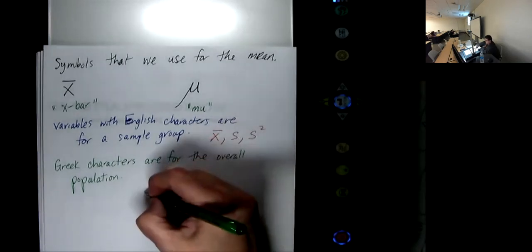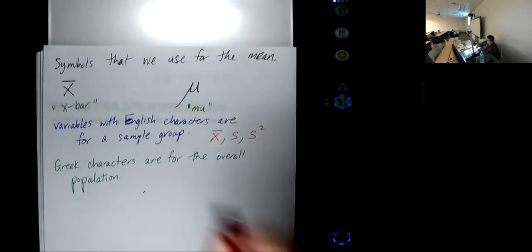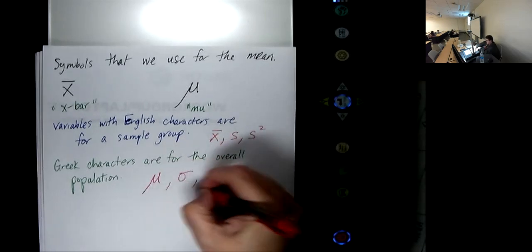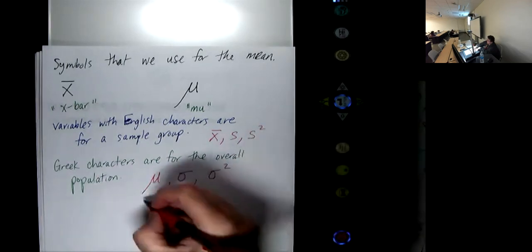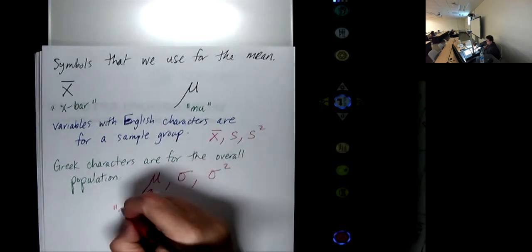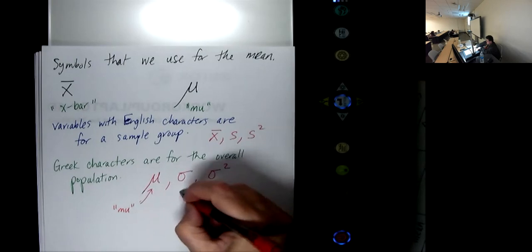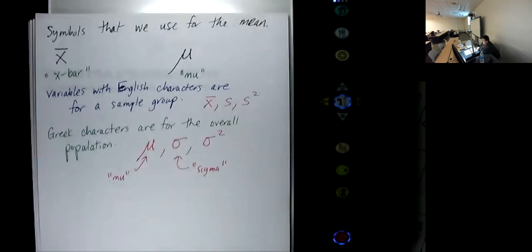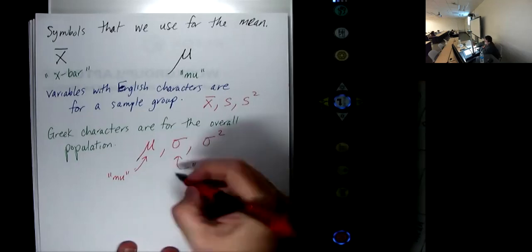So here we have mu and sigma squared. So mu and sigma. And these are the lowercase letters.